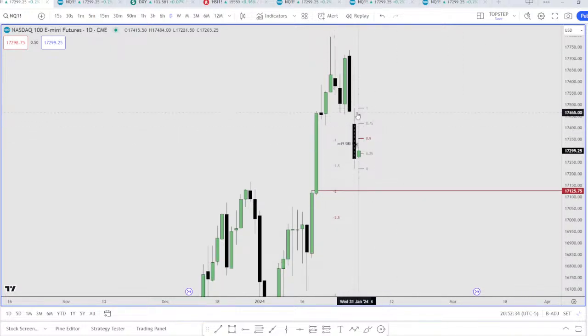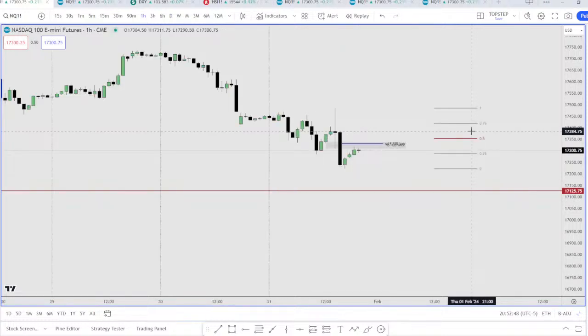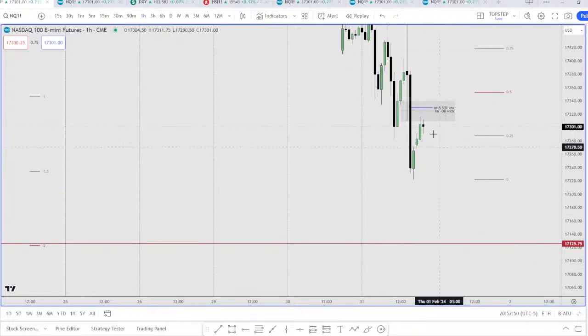I will be using that day for grading, and because I am expecting continuation, I want to see the model forming below yesterday's range, within the discount of yesterday's dealing range.